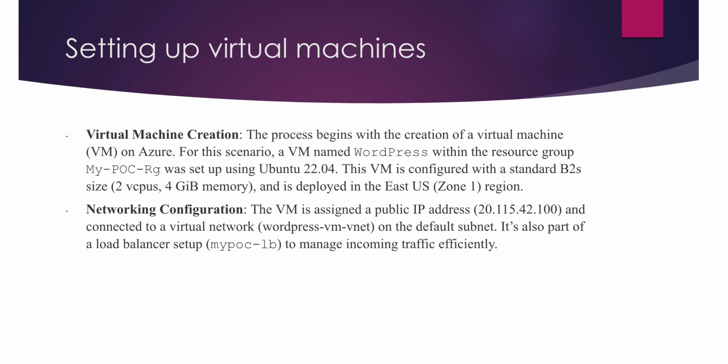For that, we have created a virtual machine on Azure. We named it WordPress, and it is set up with Ubuntu 22.04. The configuration is Standard B2s, and the size is 2 vCPUs and 4 GB of memory. Also, the region for that is East US.